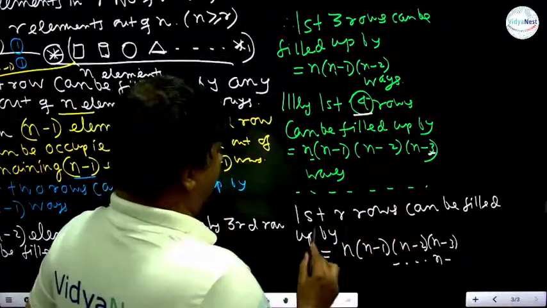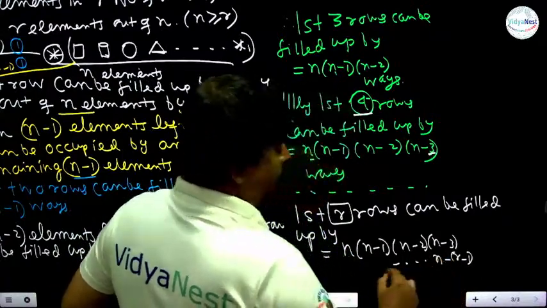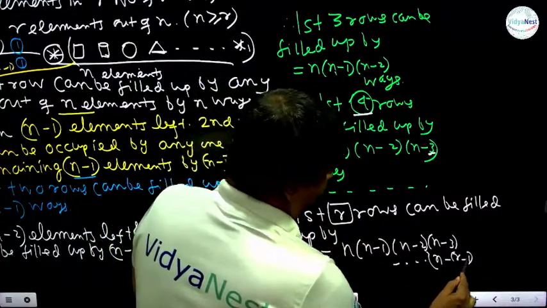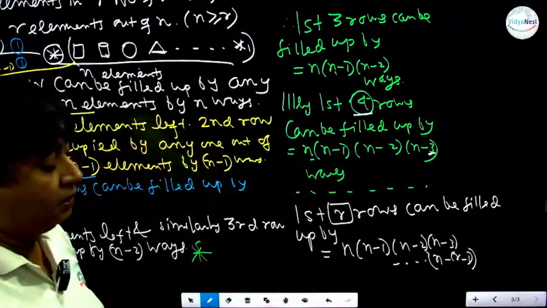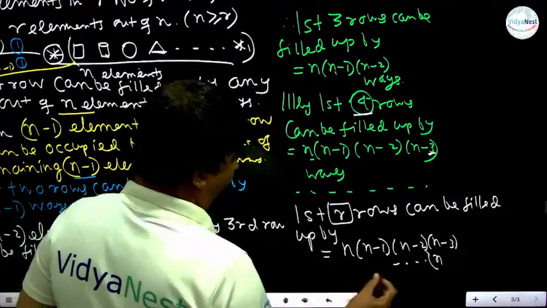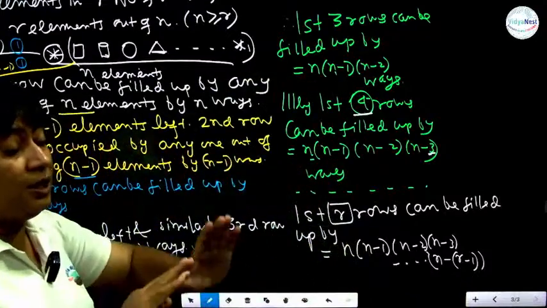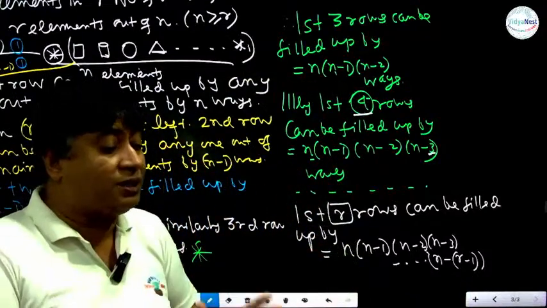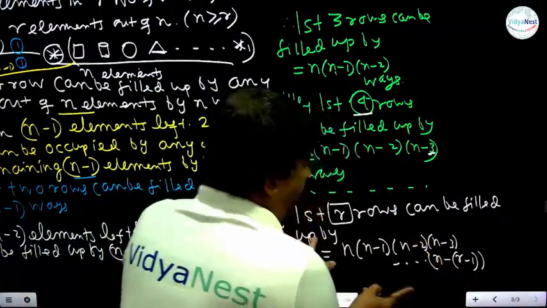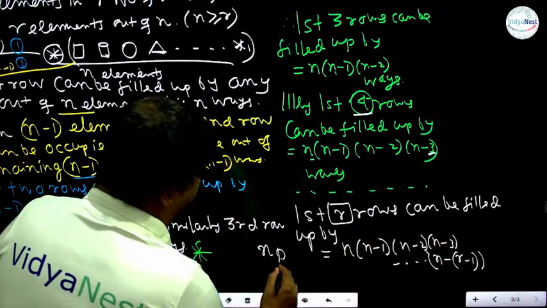So when r rows are concerned, it will end with a term reduced by 1 from r: n minus r minus 1. Okay, not n minus r, but n minus r minus 1. So all the rows are arranged, that means permutation is done, and it will be denoted by nPr.